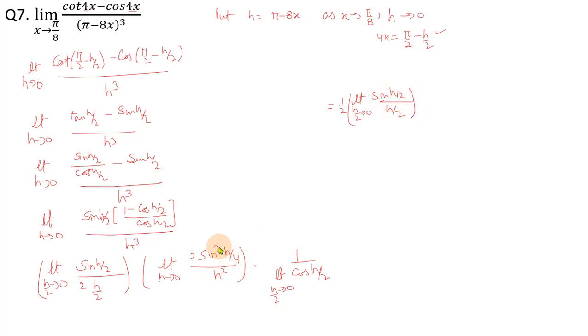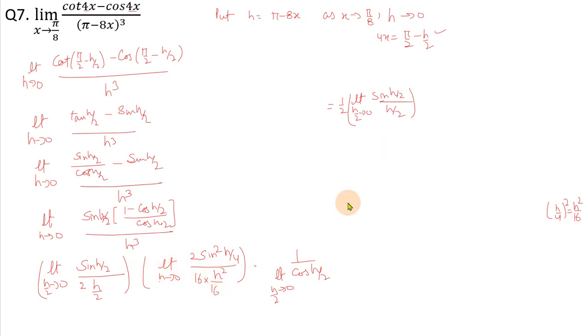From the second term, here we have angle h by 4. So as I told you earlier, we need to square this term, that is the square of h by 4, which is h square by 16. So we have to multiply and divide by this. We already have h square here, so we can multiply and divide this term by 16.